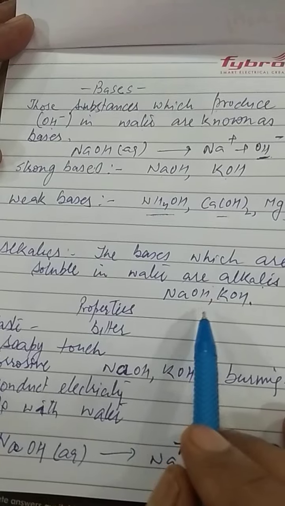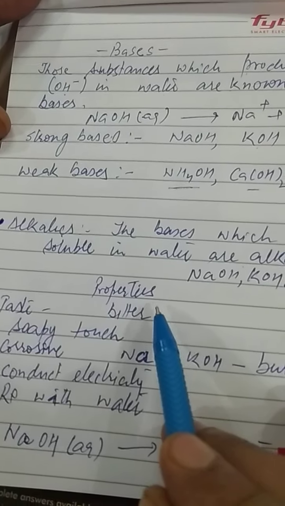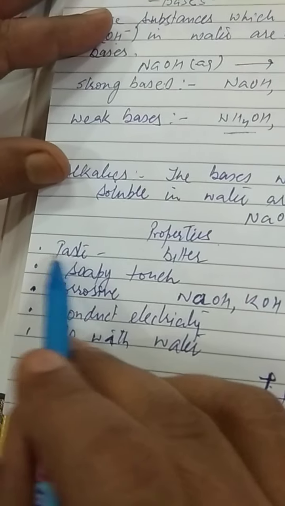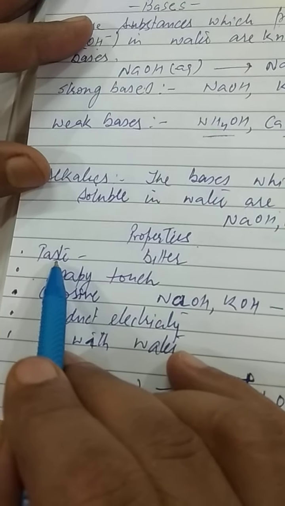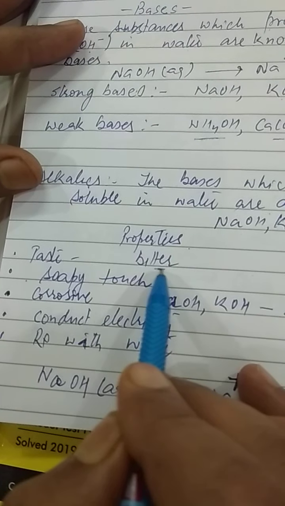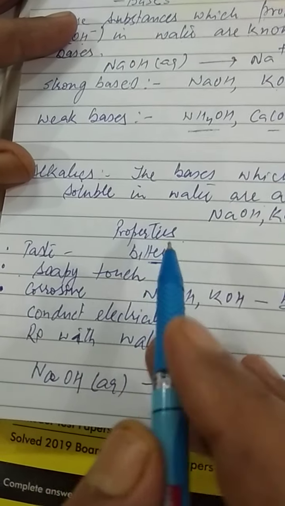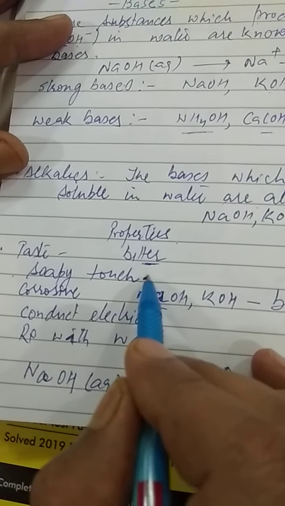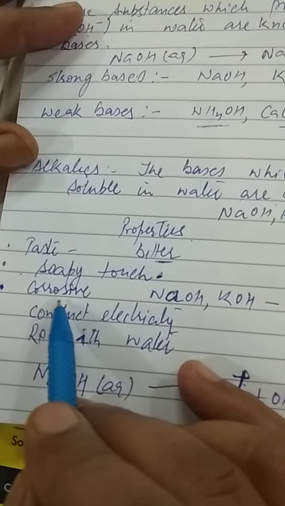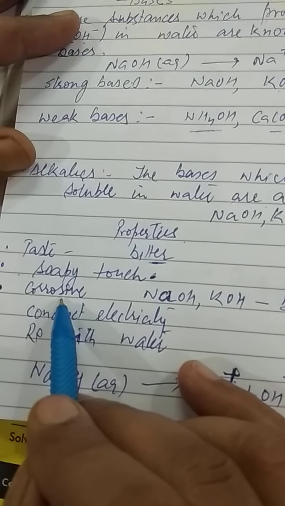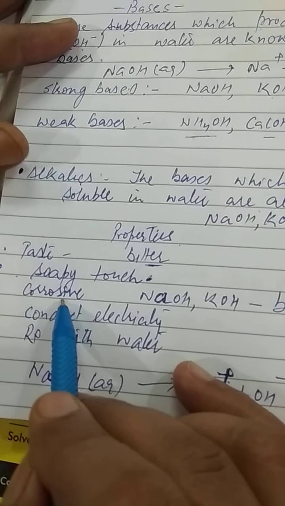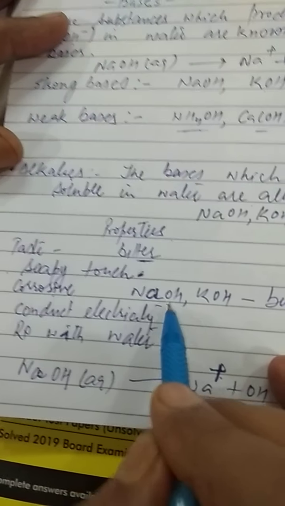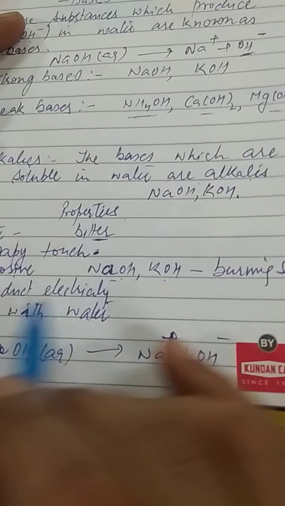Now we'll discuss the properties of bases in a similar fashion as we discussed the properties of acids. The first one is physical properties. All the bases have a bitter taste, and all the bases have a soapy touch. Some of the bases are corrosive in nature, meaning they produce a burning sensation if you touch them, like sodium hydroxide and potassium hydroxide.